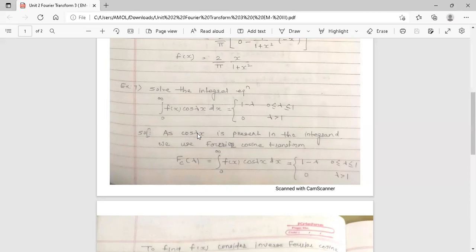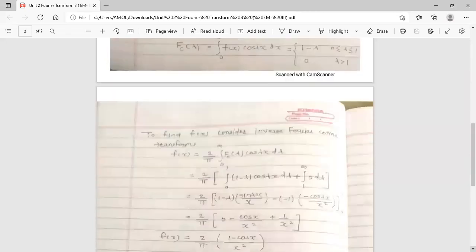So you write here, as cos lambda x is present in the integrand, we use Fourier cosine transform, and fc lambda is equal to integration of 0 to infinity f of x cos lambda x dx is equal to, defined in two intervals, 1 minus lambda when lambda is in 0 to 1, and 0 when lambda is greater than 1.